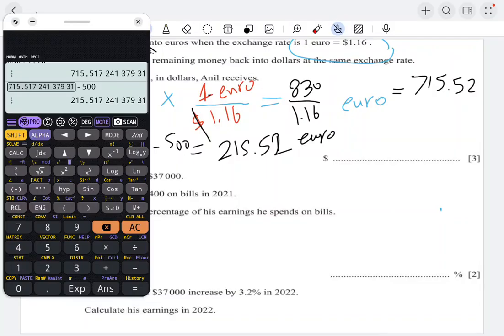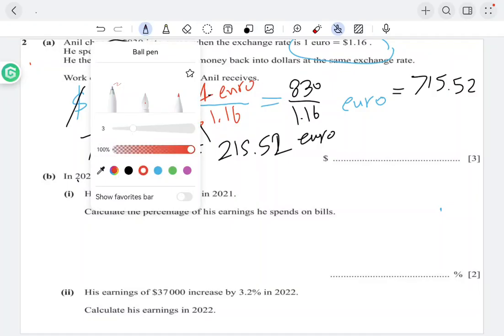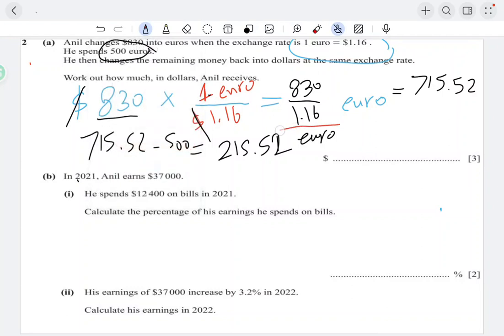Let's use the same way now. This money is now in euros. So you use the same rate. Multiply by the conversion factor, and you need dollars at the end.